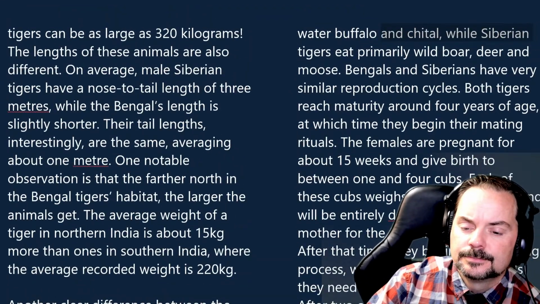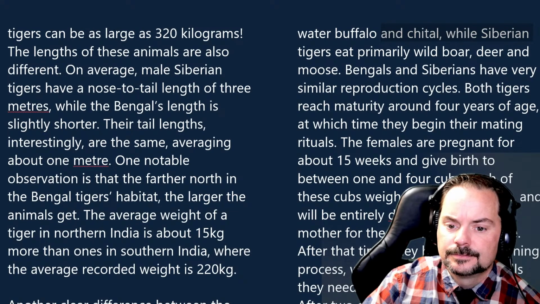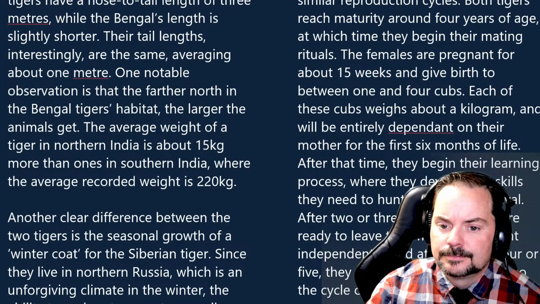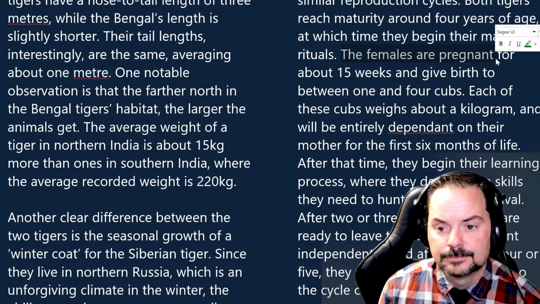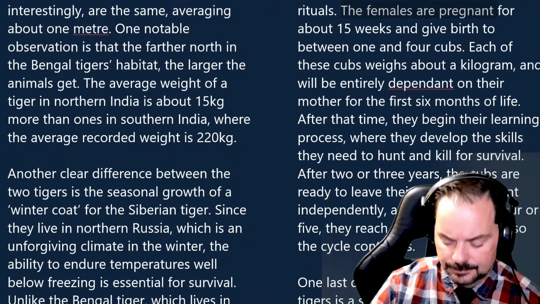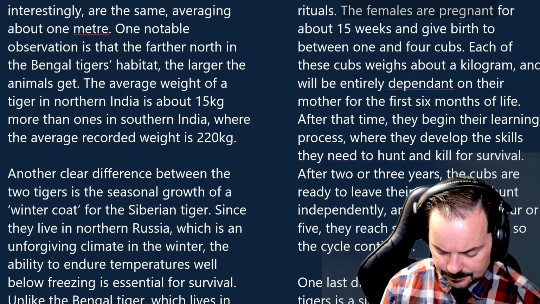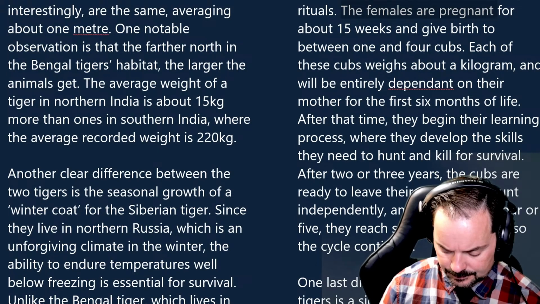Both tigers reach maturity around 4 years of age, at which time they begin their mating rituals. The females are pregnant for about 15 weeks and give birth to between 1 and 4 cubs. Each of these cubs weighs about 1 kilogram and will be entirely dependent on their mother for the first 6 months of life.